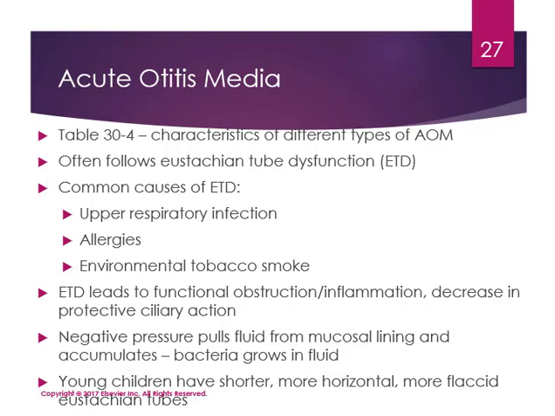With that ear inflammation in the eustachian tube, you have negative pressure that pulls the fluid back in, and that can accumulate and be a breeding ground for bacteria. Also, younger children have shorter, more horizontal eustachian tubes that aren't as firm as older children and teens.